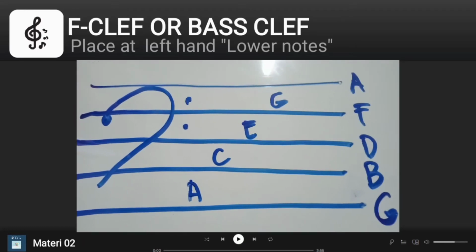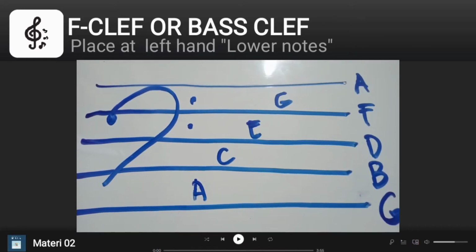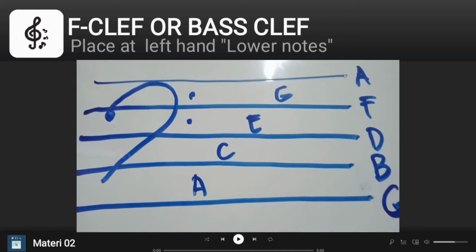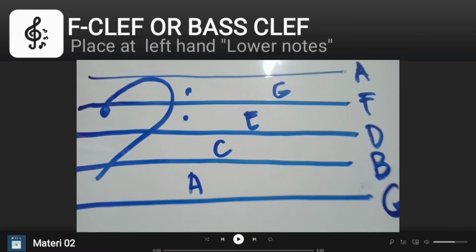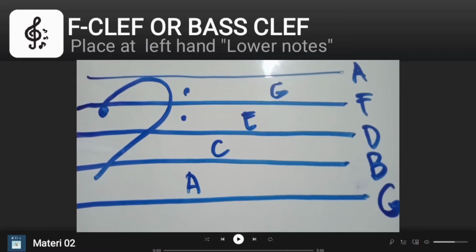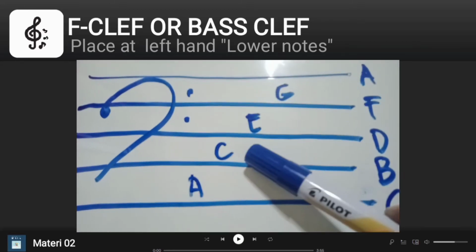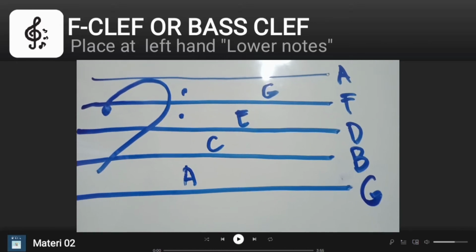At sa spaces naman, meron siyang ACEG. Kung kanina sa G clef face siya, mas madaling tandaan. Ngayon, dito naman sa F clef, yung mga spaces niya ay merong A, C, E, G, or all cows eat grass. All cows eat grass. So, bakit siya tinawag na F clef?